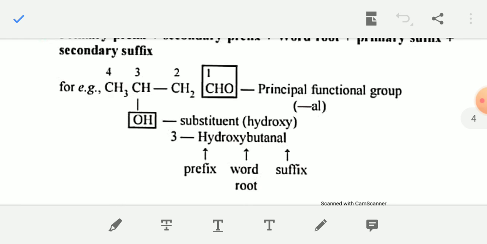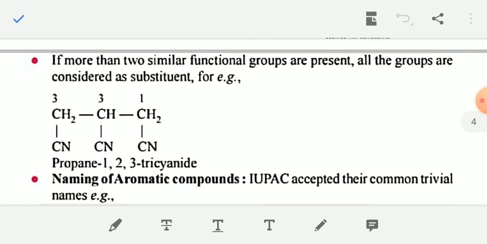So the name of the compound will be 3-hydroxy. You write OH in the prefix as 3-hydroxy with its position. There are 4 carbon atoms in the longest chain, so but, and as the compound is an aldehyde, butanal. Prefix, root word, and suffix.